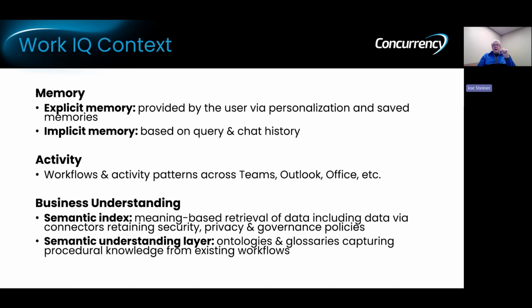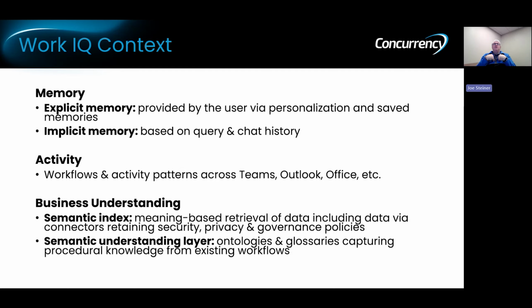So I could say, hey, when you respond to me, I prefer bulleted lists, or I prefer shorter, more confined responses versus longer ones, right? All those kinds of things become memory there that you can tell it just by interacting with Copilot directly and say, hey, remember this about me, or you can store those in some of your preferences.